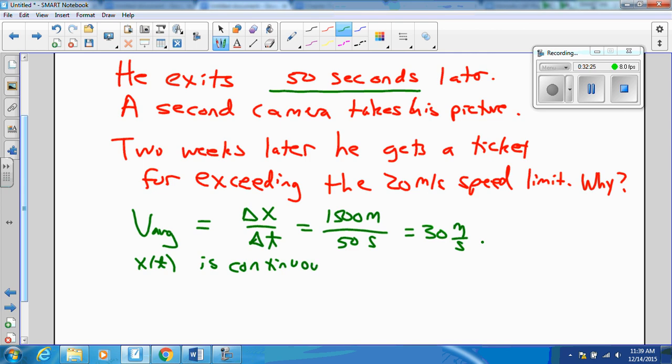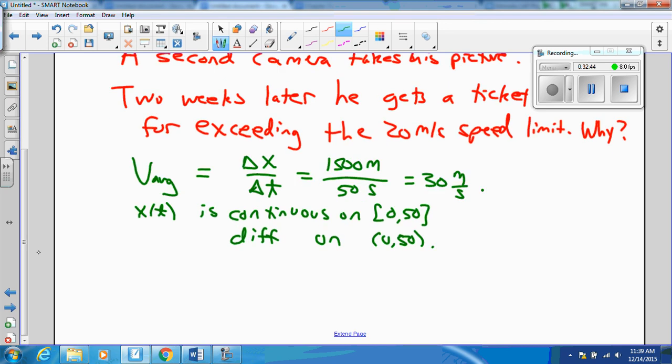So we have x of t is continuous on the time interval 0 to 50. Notice I'm looking at the time interval because my x is a function of t, right? And it is also differentiable on the interval 0 to 50.